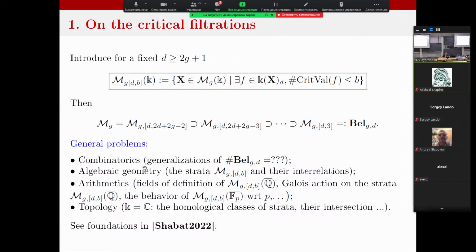As for combinatorics, we know that a great activity was devoted during recent decades to the cardinalities of sets of Belyi pairs of given genus and given degrees.